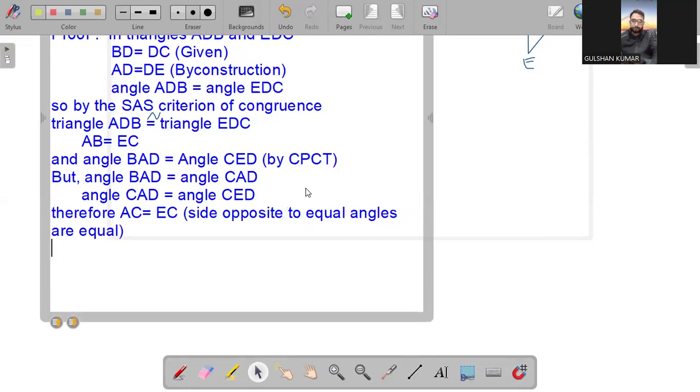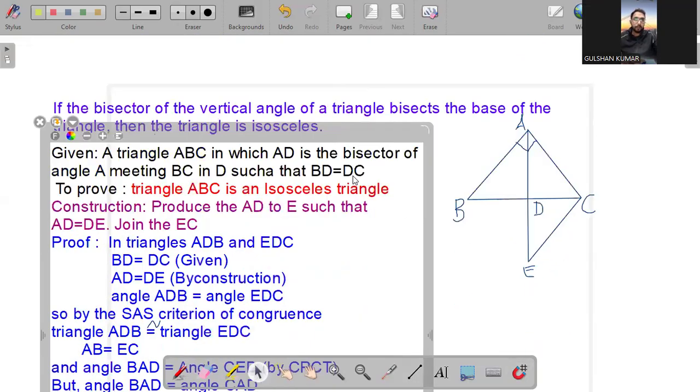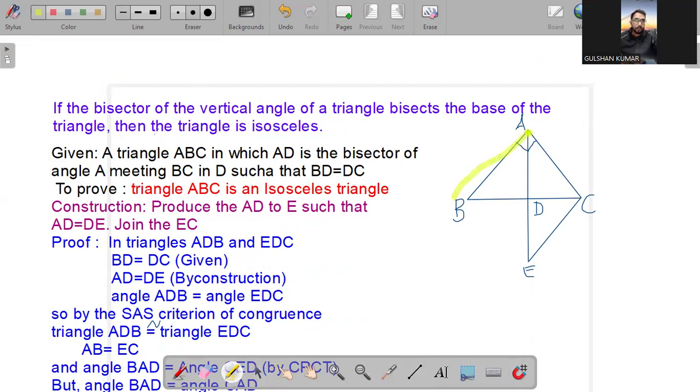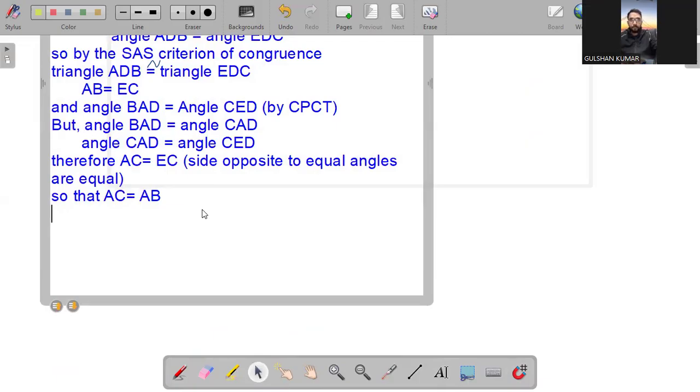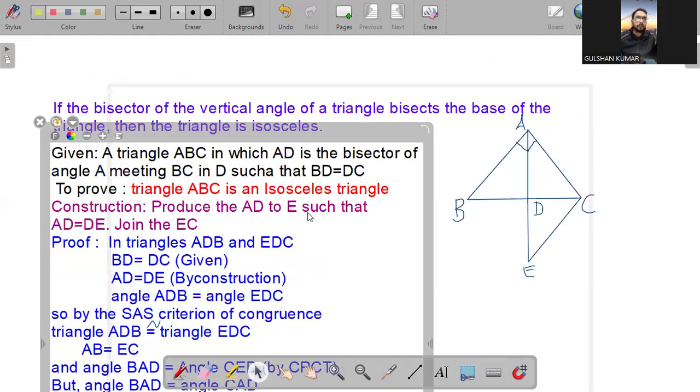So AC equals AB, as proven here, which is clear, that AB equals AC. Hence triangle ABC is an isosceles triangle as two sides are equal.